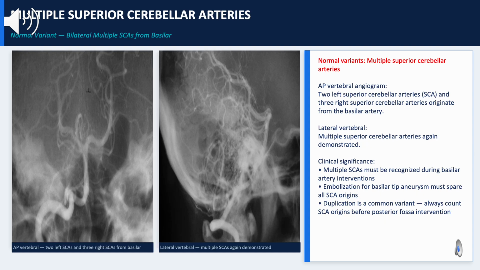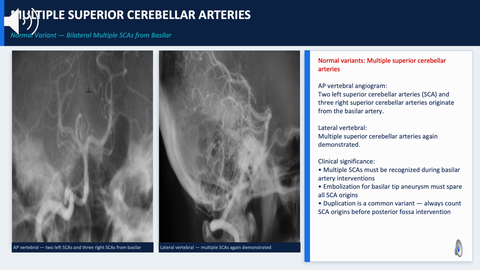Multiple superior cerebellar arteries are one of the most common basilar artery variants, and they create a specific technical challenge for basilar tip aneurysm coiling. The normal anatomy is a single SCA bilaterally at the level of the pontomedullary junction.